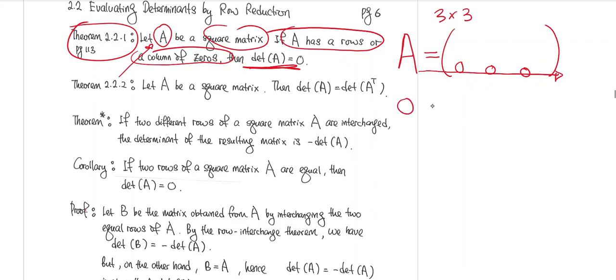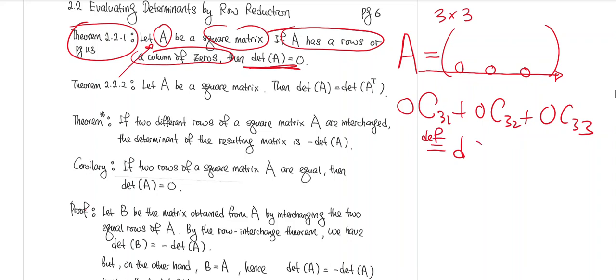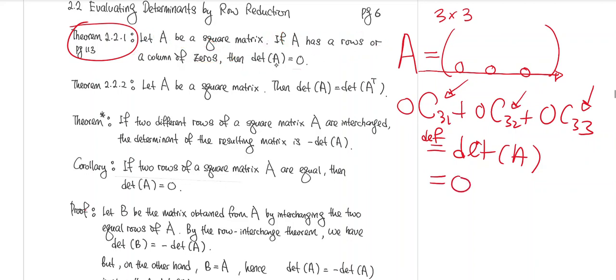So you have 0 times C31, plus 0 times C32, plus 0 times C33. By definition this is the determinant of matrix A, and it doesn't matter what the values of C31, C32 and C33 are. This is 0. So it is clear that if you have either a row of 0 or a column of 0, then the determinant of that matrix will be 0.